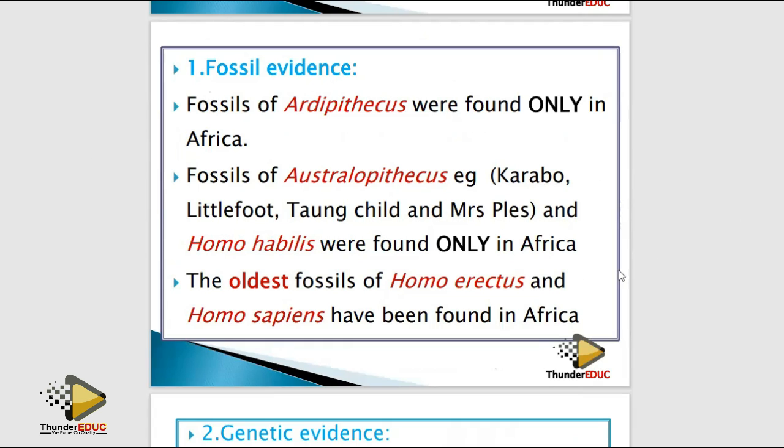Homo habilis were only found in Africa. The oldest fossils of Homo erectus and Homo sapiens were discovered in Africa. This shows that modern humans originated from Africa and migrated to the rest of the world. You see that I even highlighted the key points which you need to know when you're writing your exam.